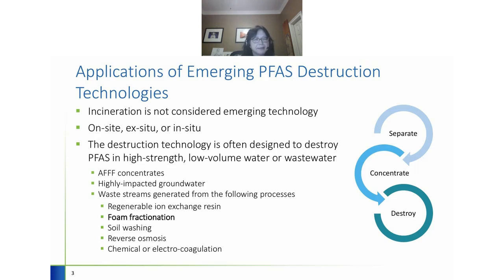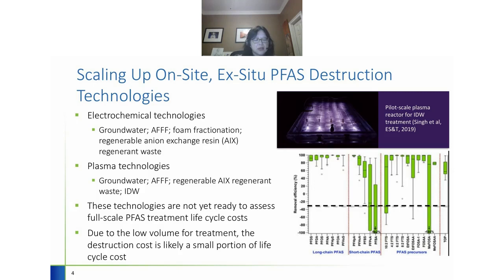Next slide. On this slide, I included two PFAS destruction technologies that have moved from bench-scale study to field demonstrations, which are electrochemical oxidation and plasma technology. The images to the right are from an ES&T article published in 2019. It's a field demonstration project funded by the US Air Force to use plasma technology to destroy PFAS in IDW.